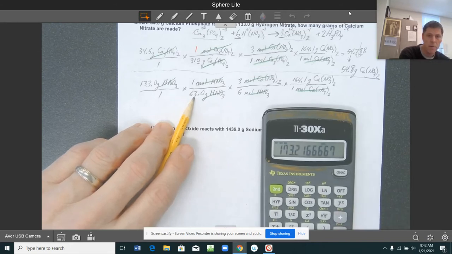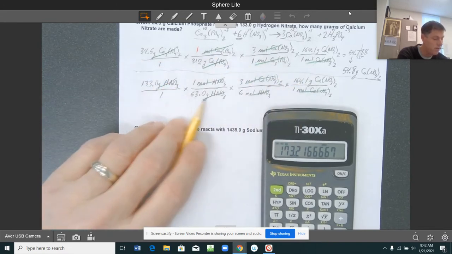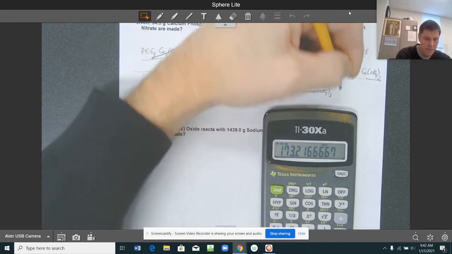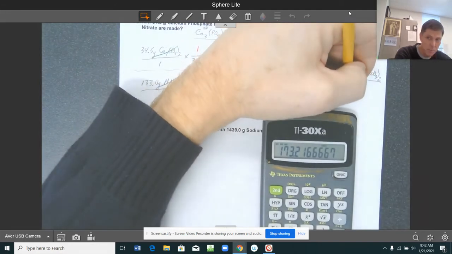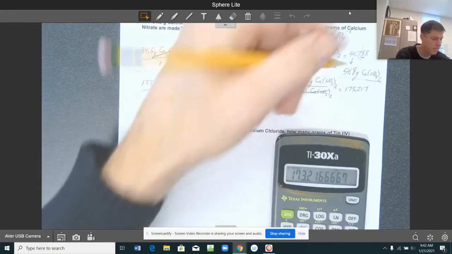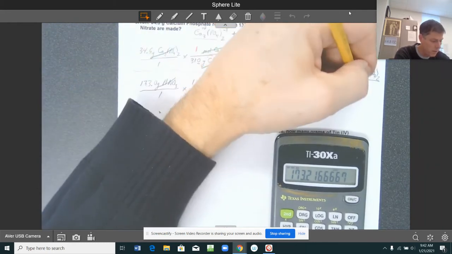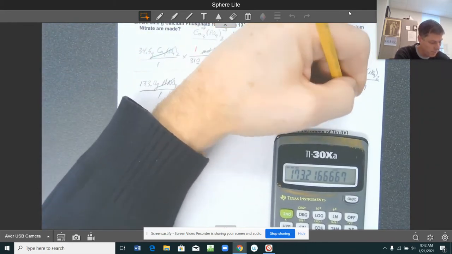So I just multiplied straight across, hit equals, then divide by each thing on the bottom. And with that, the calculator spits out 173.217. I usually do 5 or 6 digits. And 4 digits, 3 digits, 4 digits. I get 3, the smallest one.